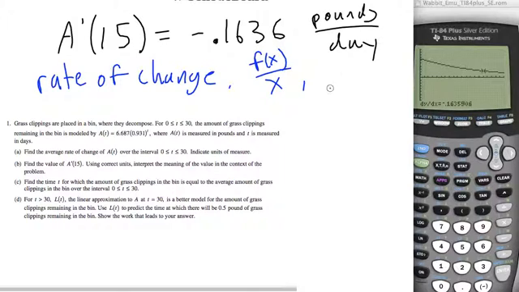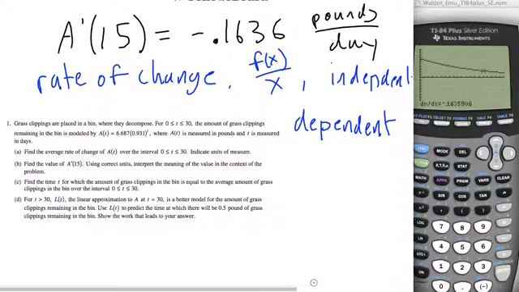And you also want to use the independent and dependent values. So what that means is work the 15 somewhere in there as the independent value. Work this number in somewhere as a dependent value. So say it's the rate of change, use the right units, reference this number, and reference this number. And that's kind of like the formula for a good sentence explaining rate of change. And then the last thing you want to do is just add some context is correct.